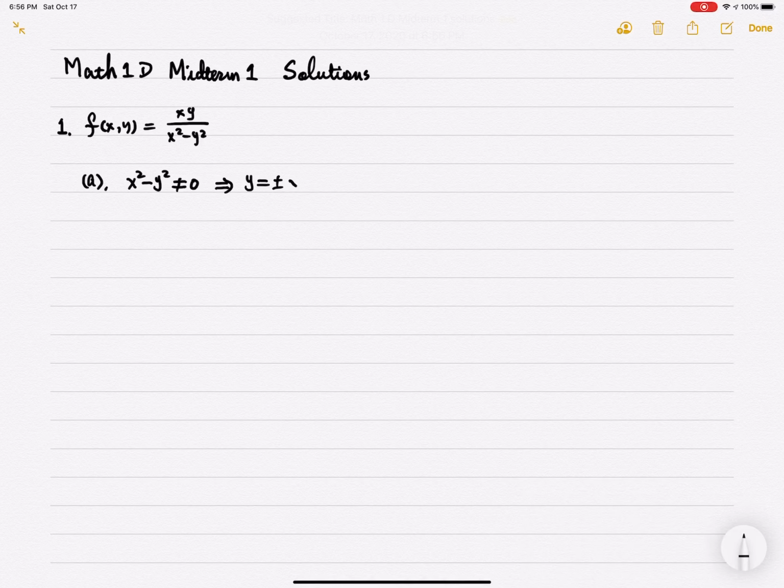If you want to write the domain in set notation, we write it like this: the set of (x, y) such that y is not equal to negative or positive x. If we want to draw the graph, we need to draw it like this, because the origin, of course, cannot be in the domain.